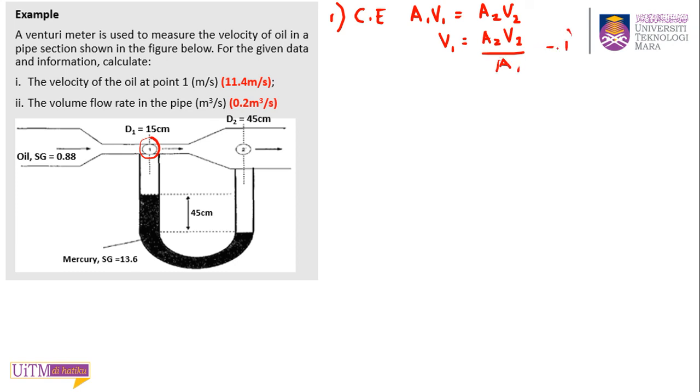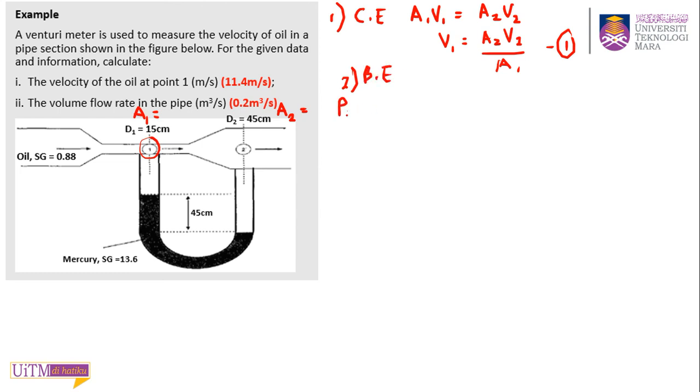Okay, this is your first equation. And you can find the area because they give you the diameter. So they give you A1, and they give you D2, the diameter for the second section, so you can find your A2 using pi r squared.